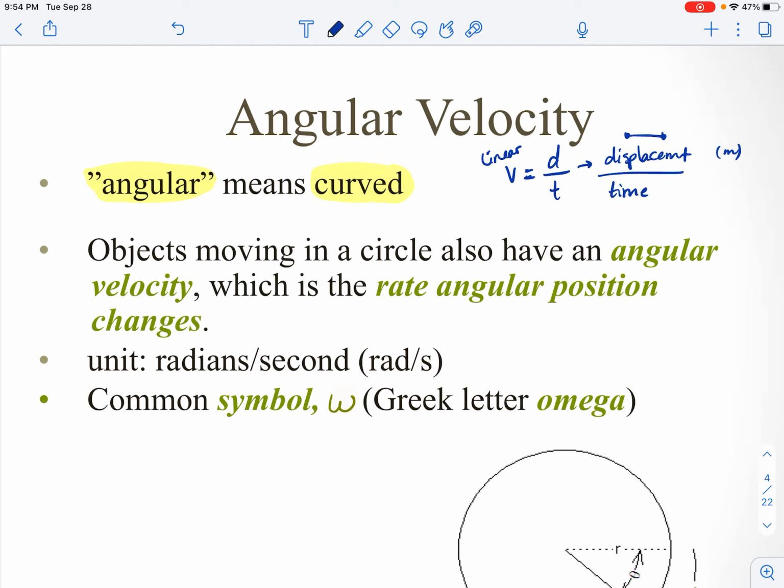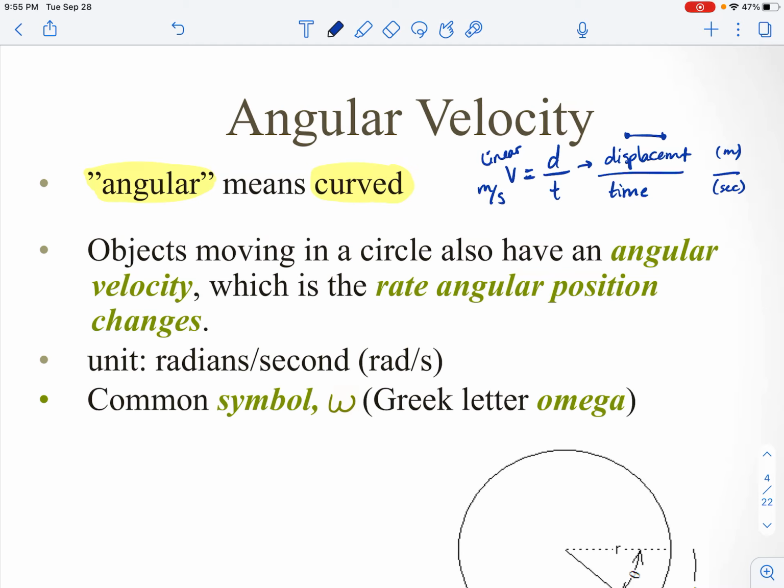And time is scalar, it has no direction, right? And that's going to be measured in seconds. So we have already talked about linear velocity, where it's a straight line, how far. We would use a meter stick in order to give us that numerator value. And so this would give us something measured in meters per second.